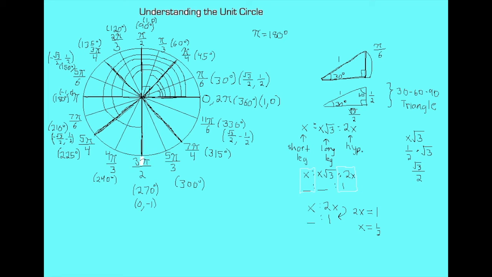All the radians with the denominator of 6 have the same coordinate values, but the signs are different.